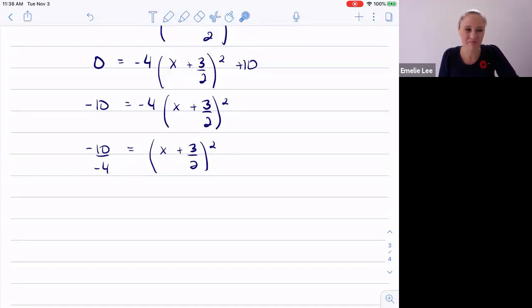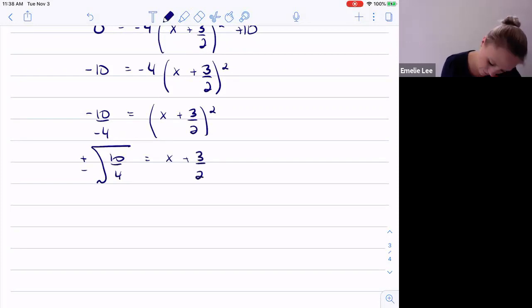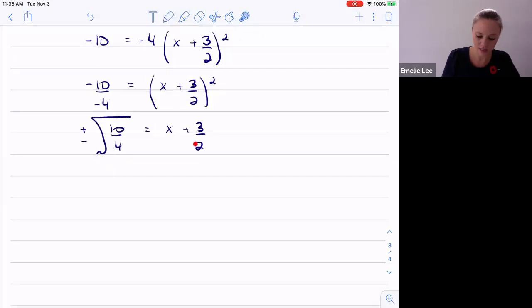You can, but nah. I'm going to take the square root of both sides in the same breath, remembering that when we take the square root, we actually get the positive and the negative result. So this becomes plus minus square root of 10 over 4, which is x plus 3 over 2. Solving for x, I have to subtract 3 over 2 from this thing.